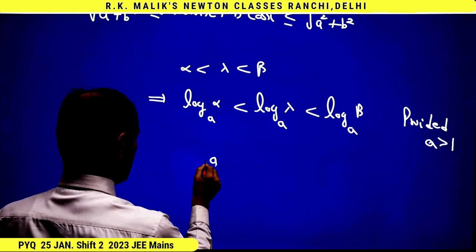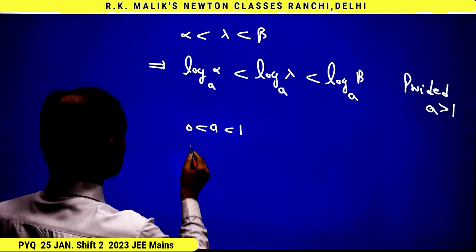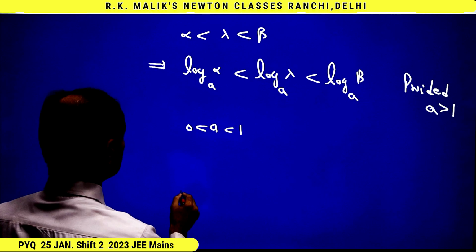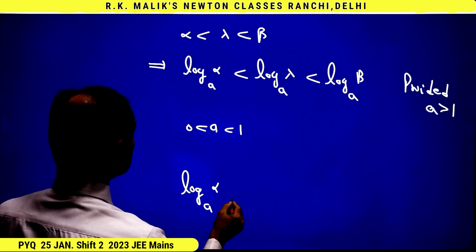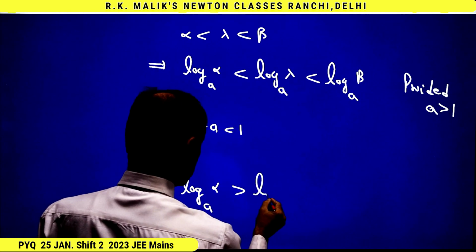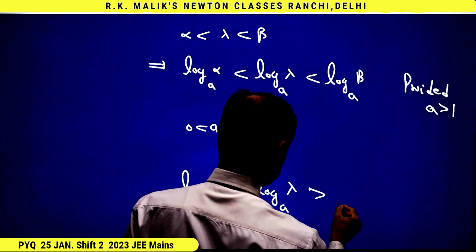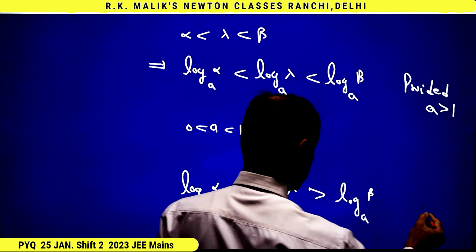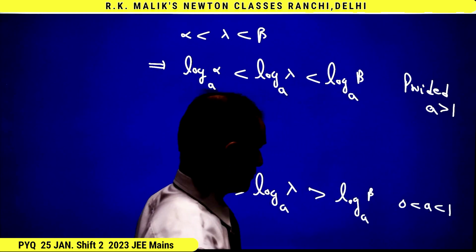But if a lies between 0 and 1, in that case, by taking log, the sign of inequality will change. That is, log of alpha to the base a will be greater than log of lambda to the base a greater than log of beta to the base a, provided a lies between 0 and 1.